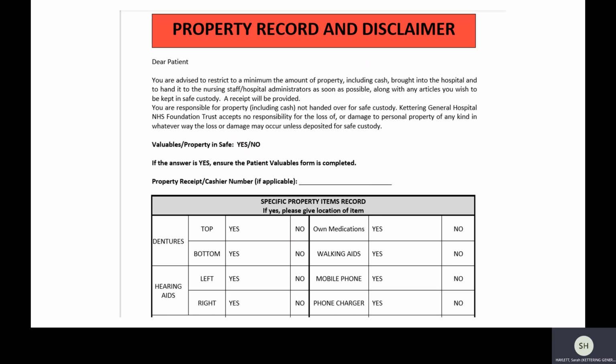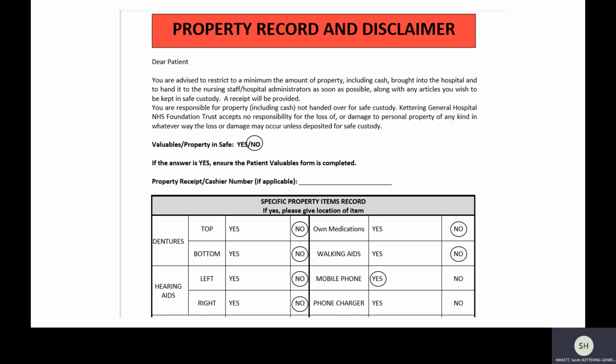So, property record and disclaimer. We must give all patients the opportunity to keep their valuables safe. Jane has chosen not to do this. We can also document if the patient has any of the following with them. Jane does not have dentures or a hearing aid. She doesn't have her own medications or walking aid.